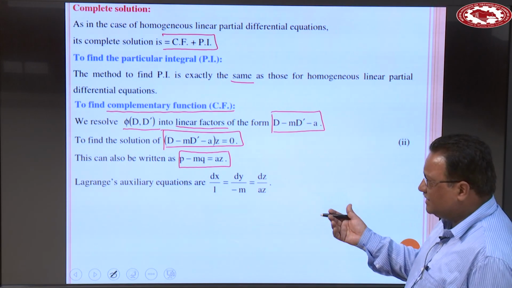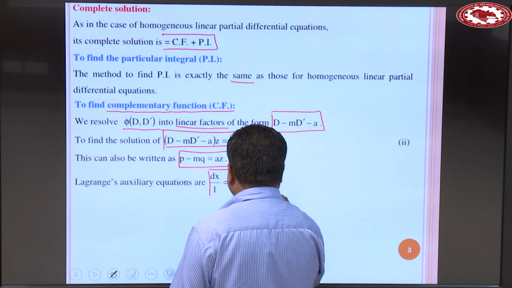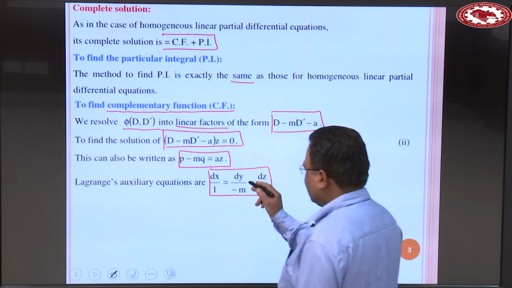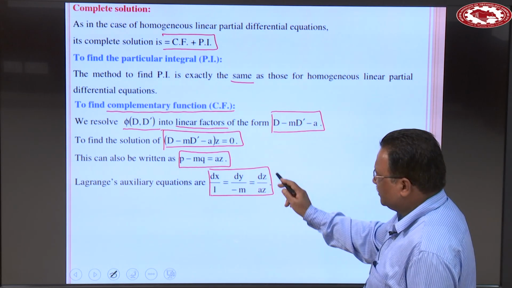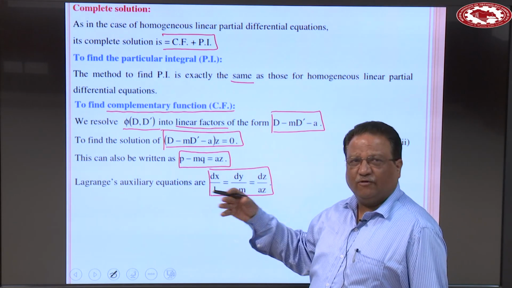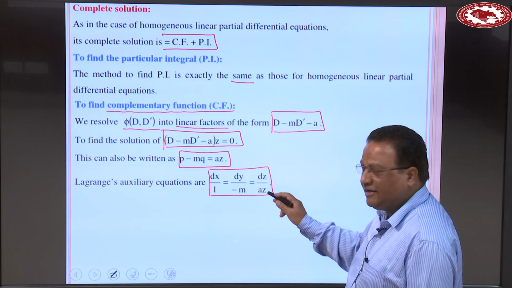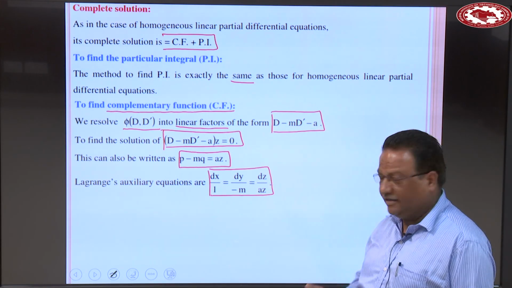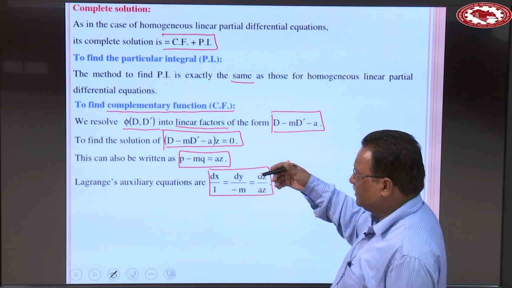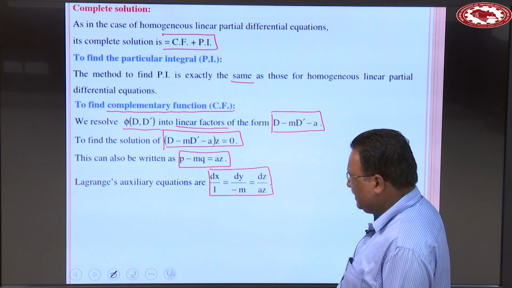So, write Lagrange's auxiliary equations. They are: dx/1 = dy/(-m) = dz/(az). In the case of a homogeneous linear partial differential equation, it is dz divided by 0, not az. Because this is a non-homogeneous linear partial differential equation, we have dz divided by az.